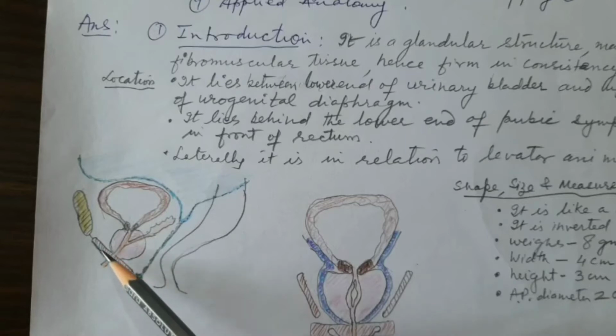What does it mean? It consists of pelvic fascia on its upper surface, then the sphincter urethrae muscle, and then lower down it is bounded by a tough fibrous membrane called the perineal membrane. So this is the urogenital diaphragm, on which the prostate gland is resting.